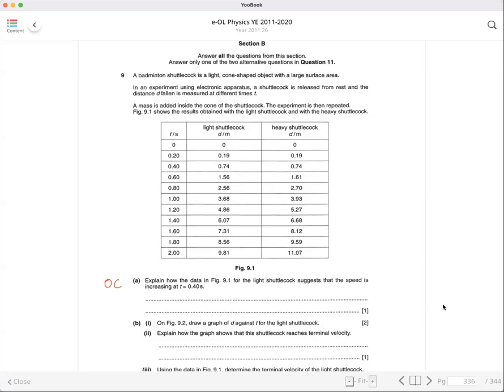Okay, very good for Ryan. Later you give the answer for part 2 here.